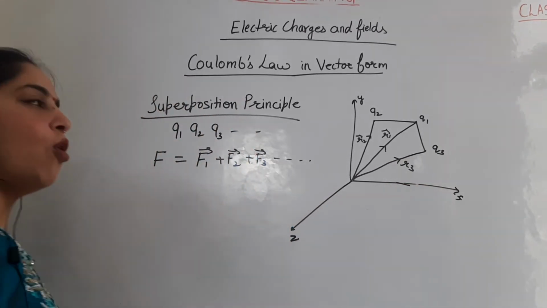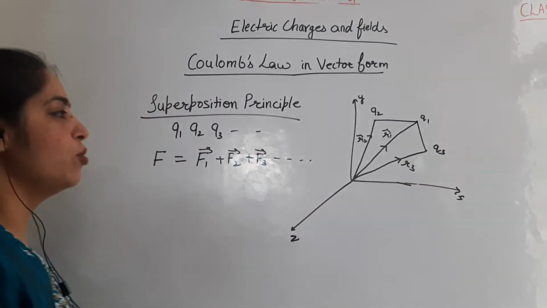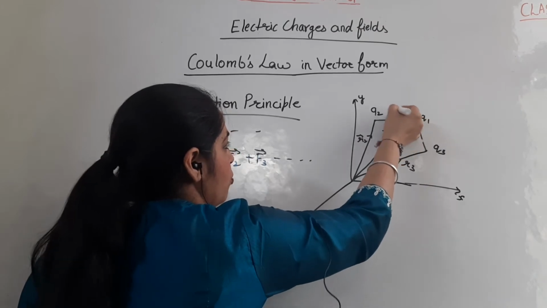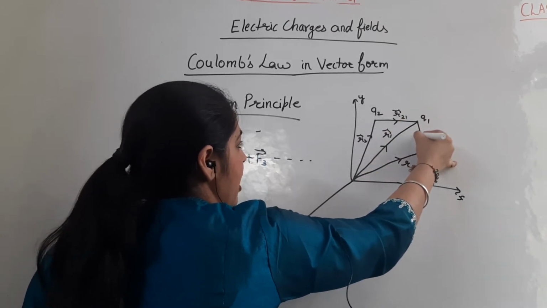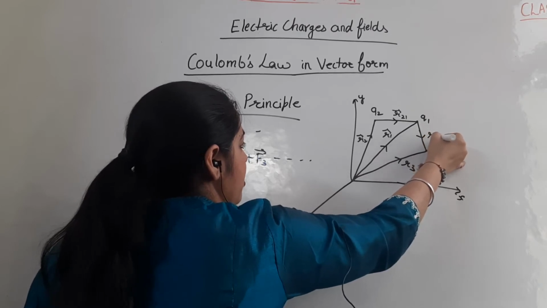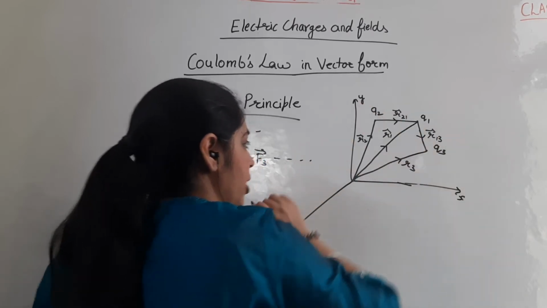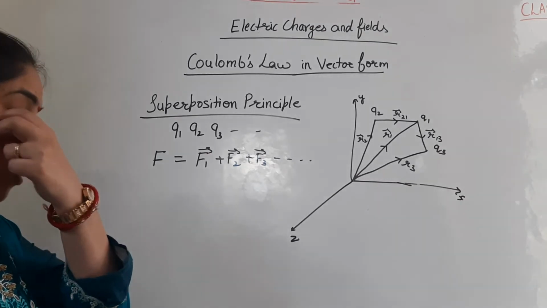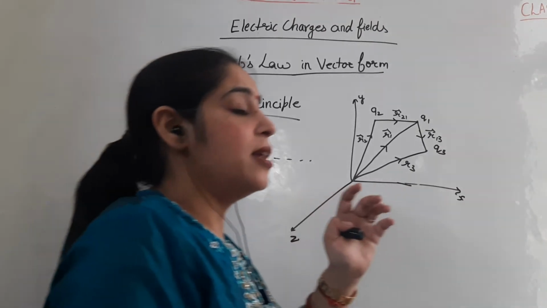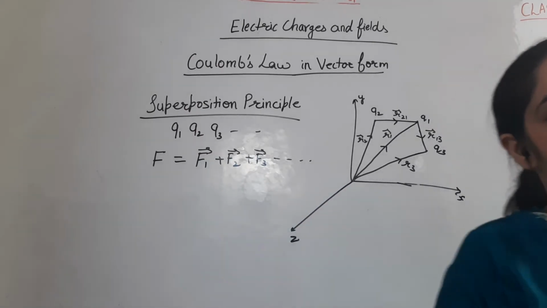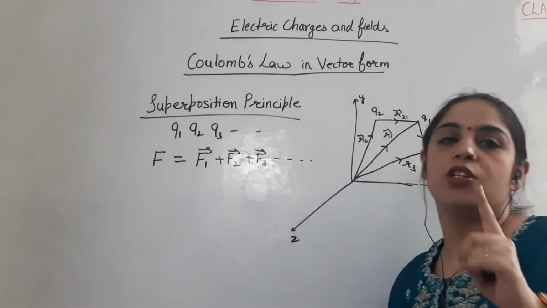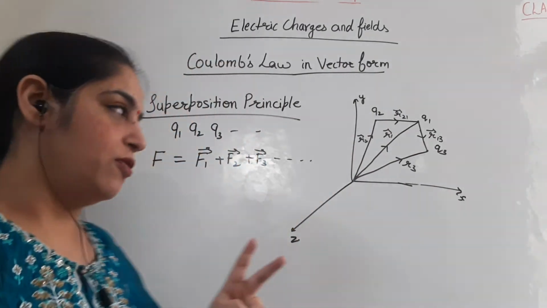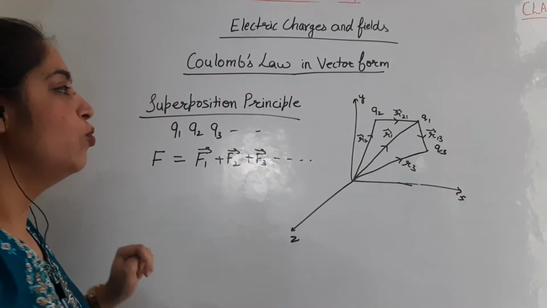So we marked all the position vectors. Similarly, we will mark this as R21, this one as R13. Let's now try to find the force on charge Q1. As I previously discussed, whenever we do any derivation, we will always consider the charges to be point charges and always positive charges. So let's get to Q1.